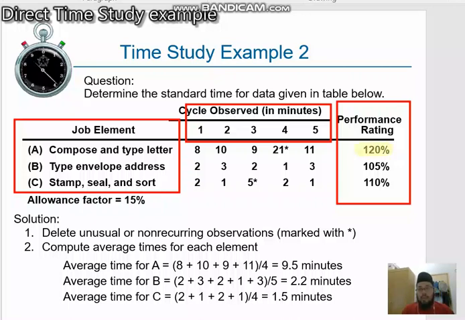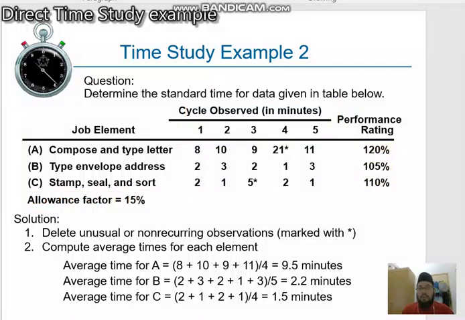Element B, 105%. Element C, 110%. And the allowance factor is 15%. Okay, so first, delete unusual or non-recurring observations marked with an asterisk. There are 2 values here, in element A and another asterisk in element C.